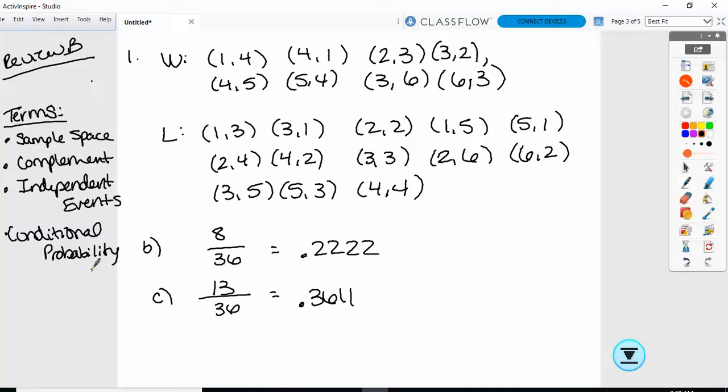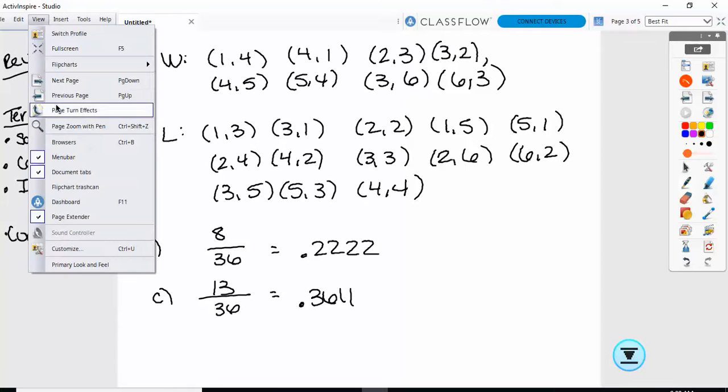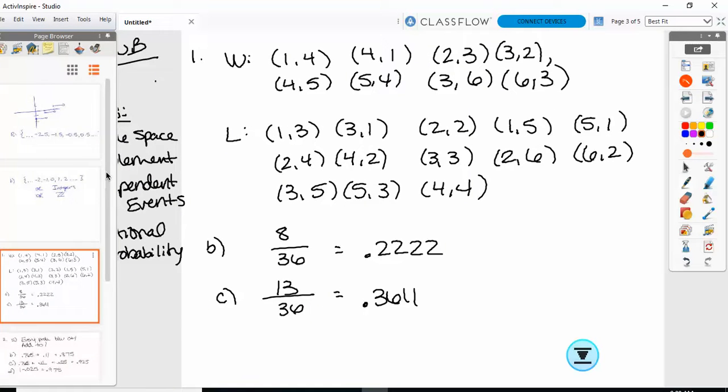So it's the probability if something else has already occurred. So the probability of me reviewing today, knowing that I told you last week we were going to. Okay, so something has already happened. What's the probability of another event occurring?